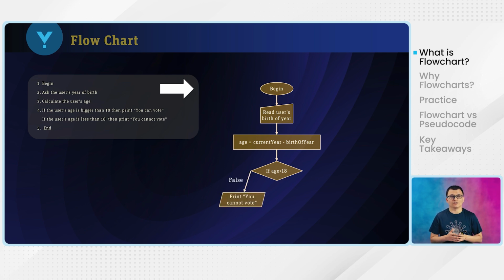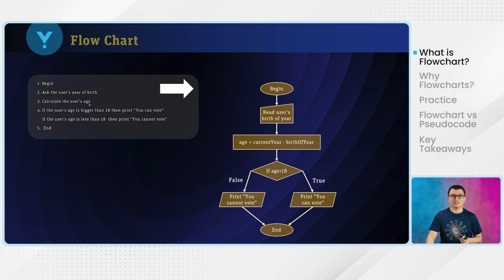And then we have a different shape for the input or outputs based on the decision. Okay. And then lastly, we have the shape that we used at the beginning, which also represents the end. Okay. So this is what it would look like if we use a flowchart for the same exact task.